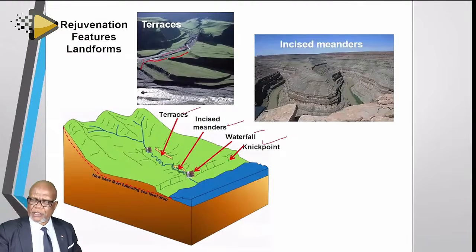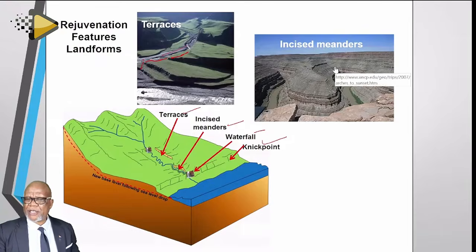So those are the terraces, and these are the incised meanders. When you say a meander is incised, it simply means that the meander is entrenched, is inside a hole. So it means rejuvenation took place when the river was already meandering. So what has happened with the meanders?